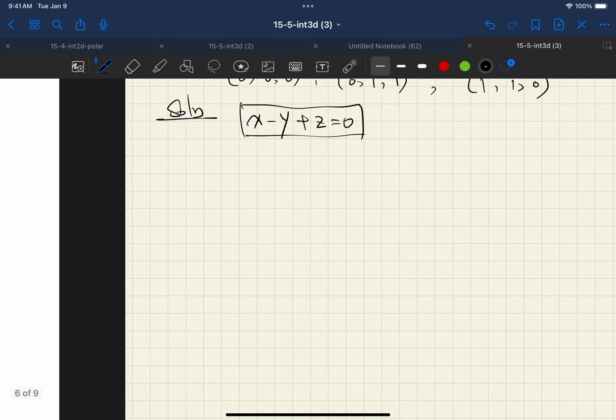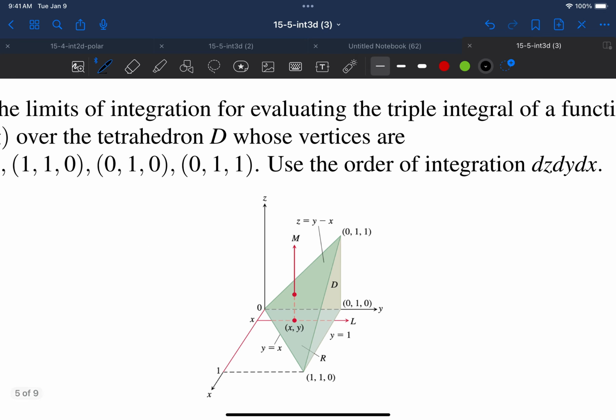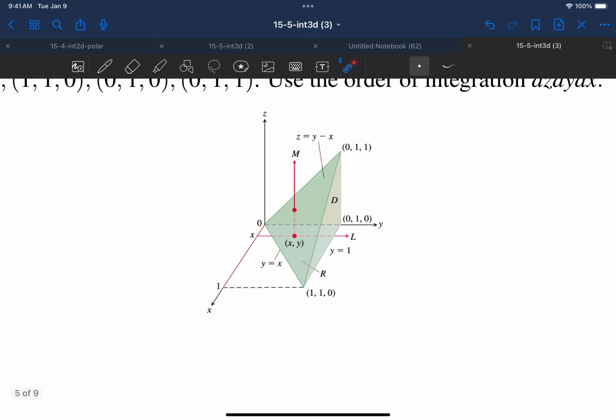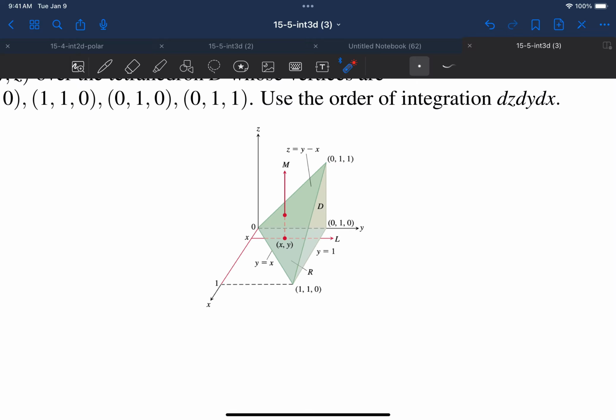So our problem here is the following. We have a 3D object, and we want to do dz, dy, dx. So what does it mean? It means we first fix x and y. I can take this picture.